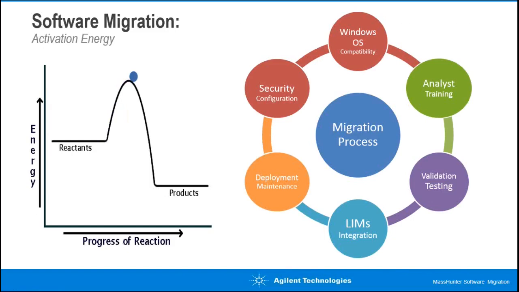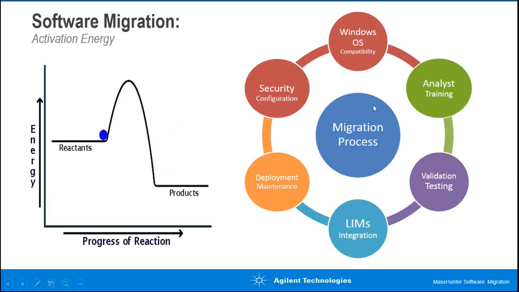So migration. I like to think of migration in this thermodynamic sense of activation energy. So I will identify the compelling reasons for you to move from one spot in legacy software over that barrier to another.